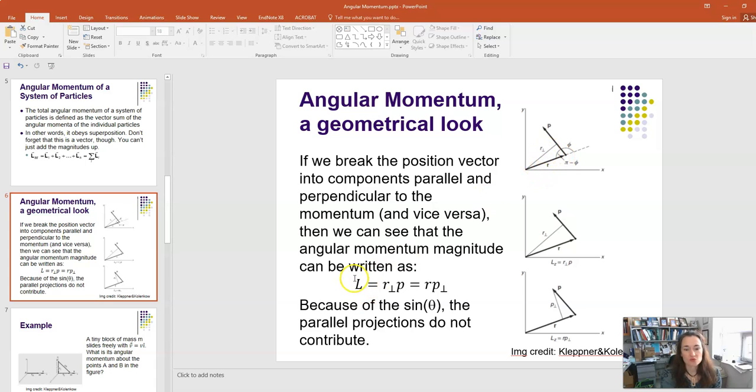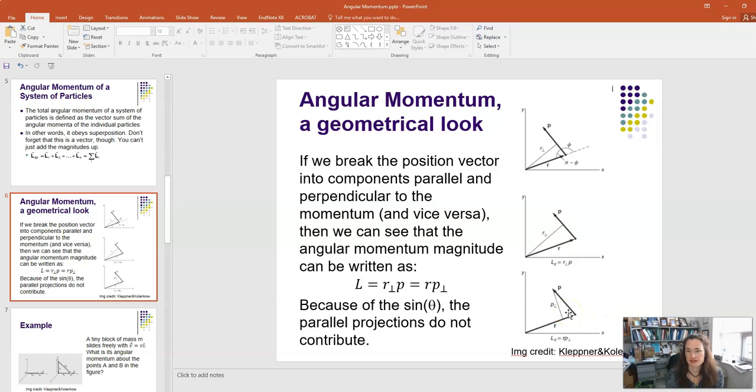So we can write the magnitude of our angular momentum L as R perp times P. Or you could look at it that way, R times P perp, because it would be the same thing. That's shown down here in this picture, where you have R and P, and you break P into components parallel and perpendicular to your position vector. So you could think of it either way.